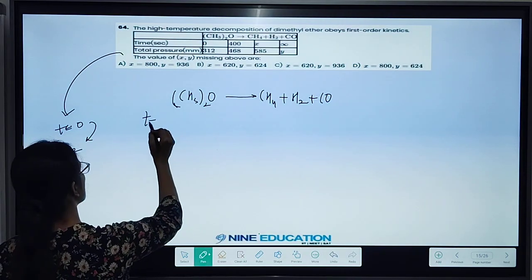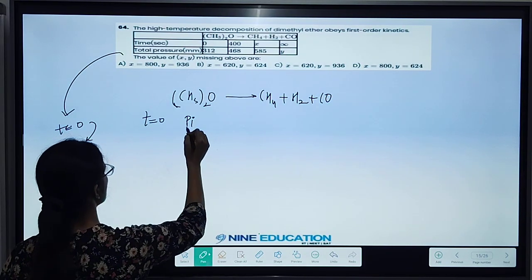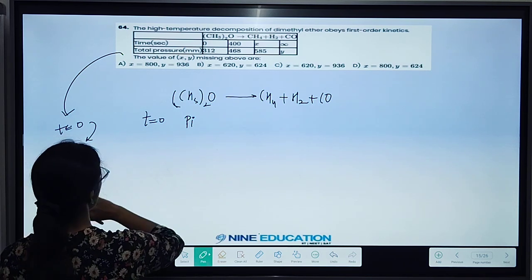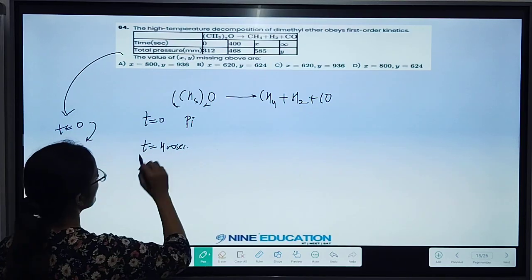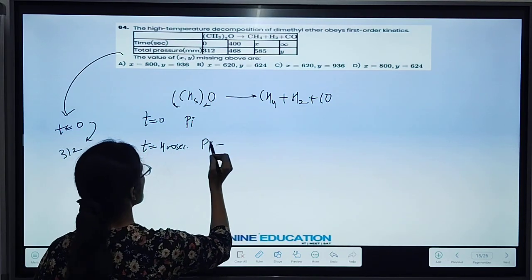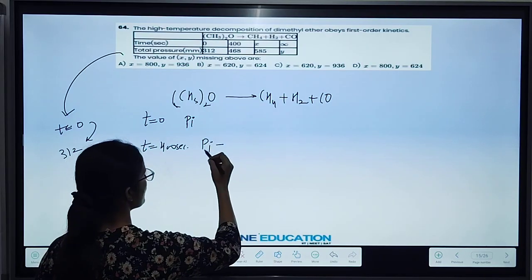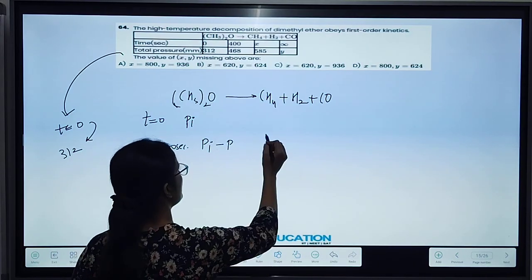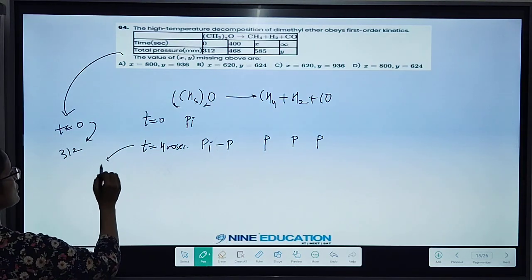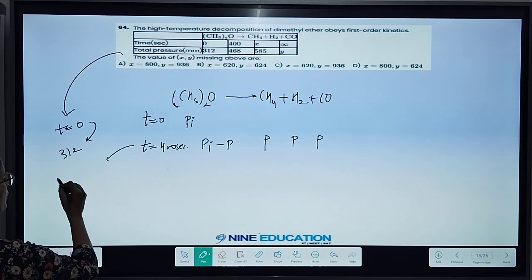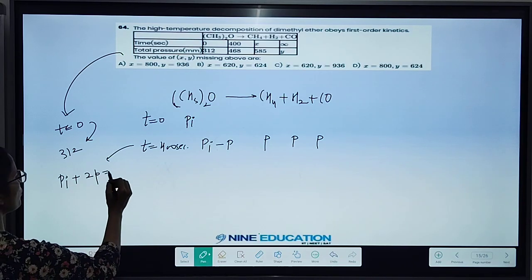So at t equal to 0, we have Pi, the pressure of ether, which is already given as 312. At t equal to 400 seconds, some ether has dissociated, so there will be a corresponding decrement in pressure. We will have Pi minus P, and P and P for the products. The total pressure should be Pi minus P plus 3P, which is Pi plus 2P.